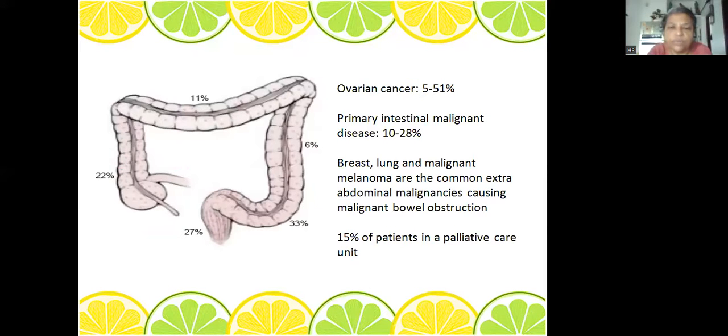Looking at the sites, about 22% are in the ascending colon, 11% in the transverse colon, 6% in the descending colon, 33% in the sigmoid colon, and from the sigmoid colon to the rectum and anus it is 27%.